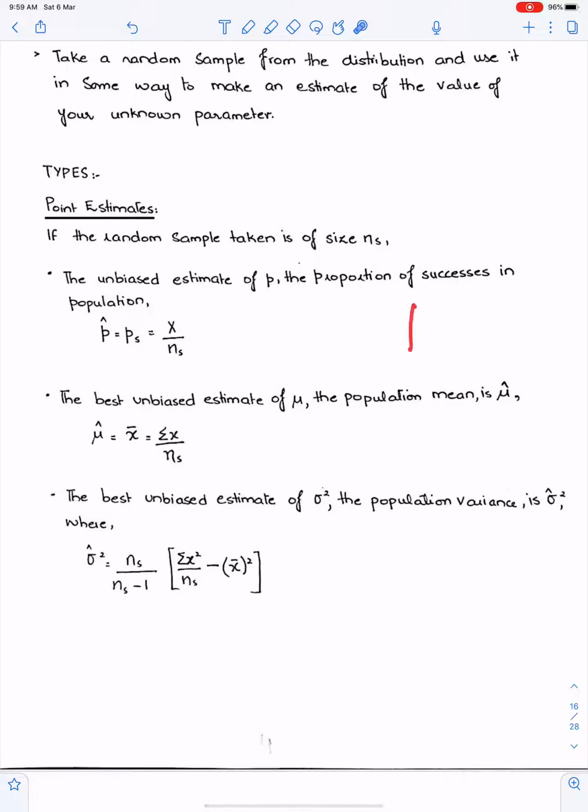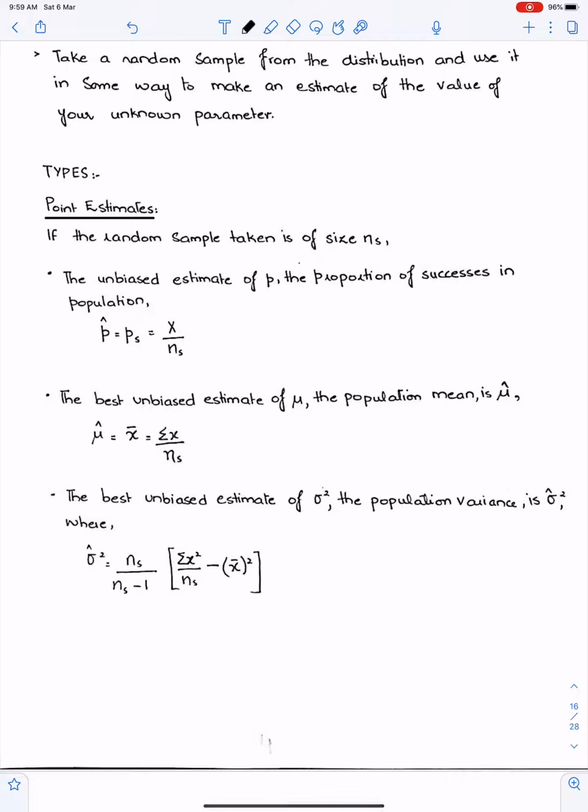See, this p means the probability of success of binomial. When this is unknown, we estimate its value through the sample proportion. This ps means sample proportion, and it will be p cap, the estimate of this p.